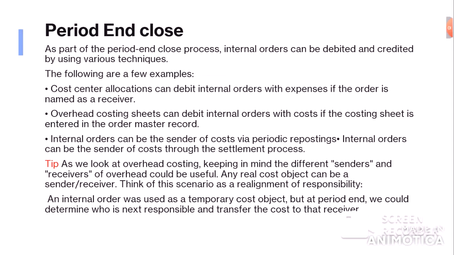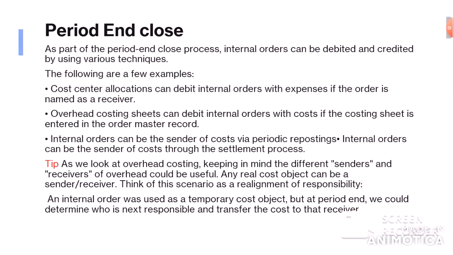So period end close. As part of the period end close process, internal orders can be debited and credited by using various techniques. The following are a few examples. Cost center allocations can debit internal orders with expenses if the order is named as a receiver.